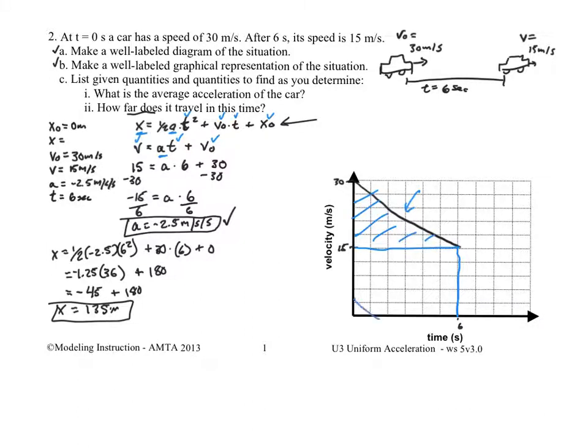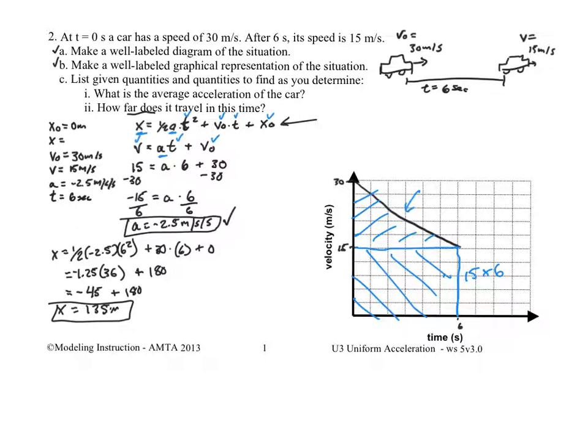If you look at the bigger picture here, this whole thing is a trapezoid, but I don't remember how to find the area of a trapezoid, and I'm guessing neither do you, but a triangle and a rectangle should be doable.